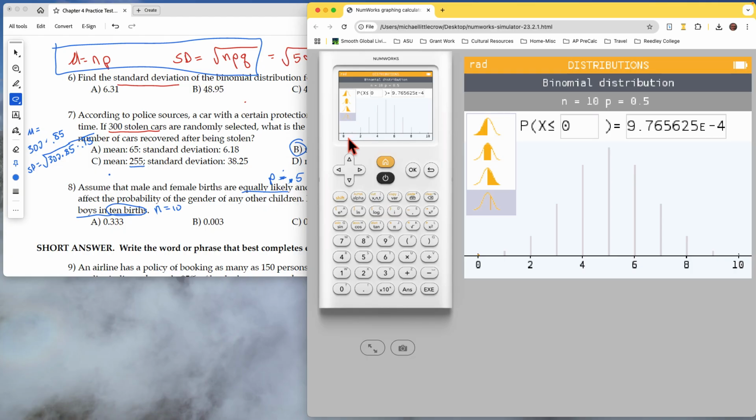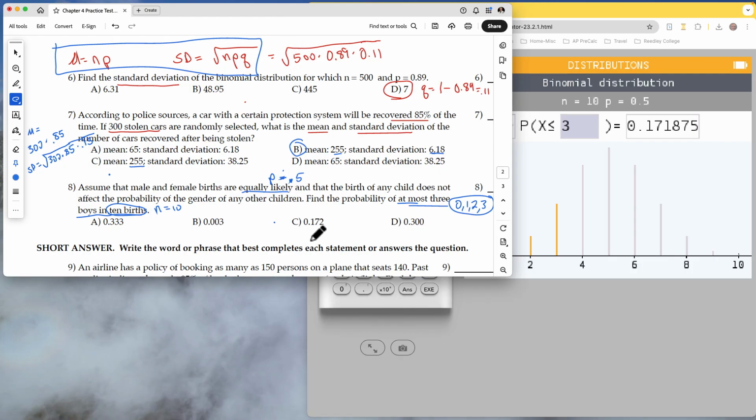So you could find equal to 0, 1, 2, and 3. So that's 4 different calculations you would do and then add them all together. That would work. However, we can also use the less than tool. We want x less than or equal to 3. And when we do that, we find that's 0.1718. 0.1718, which rounded to 3 decimal places would be this one here.